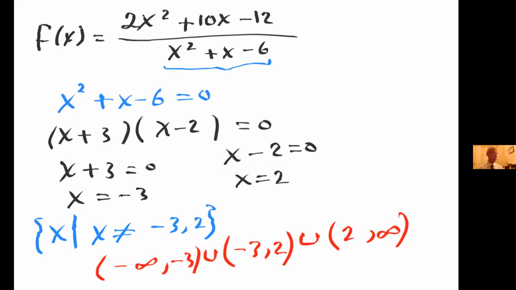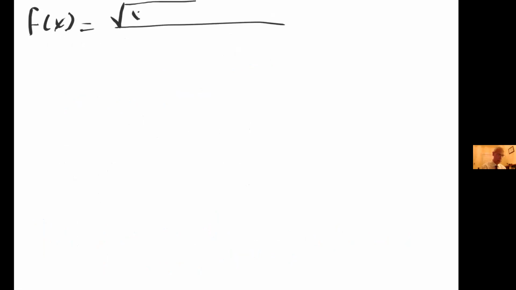And so let's do one last example. How about something like f of x equals the square root of (x² − 7x + 10) all over x − 8.